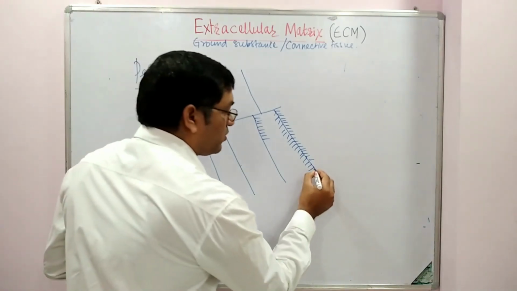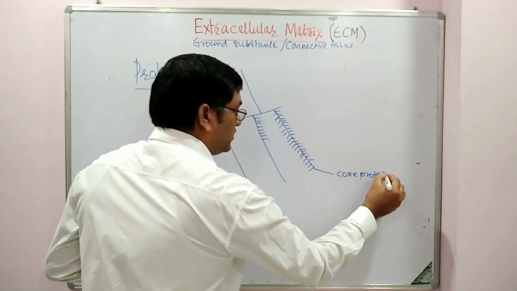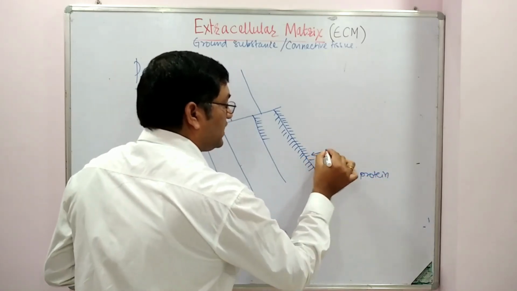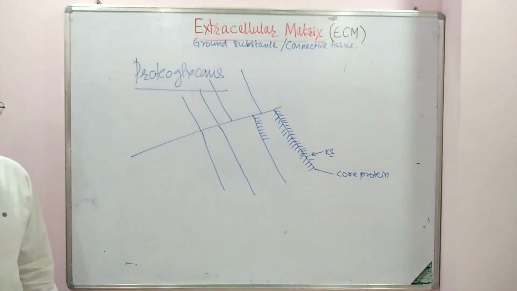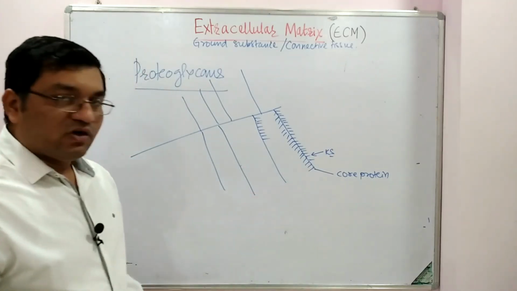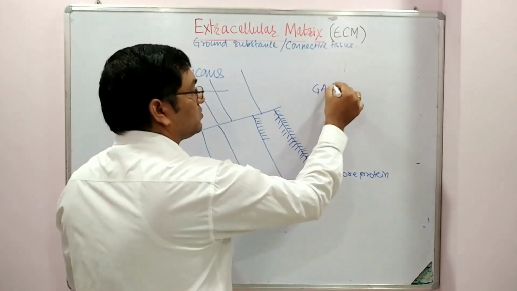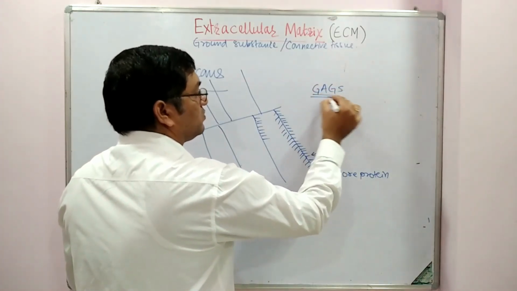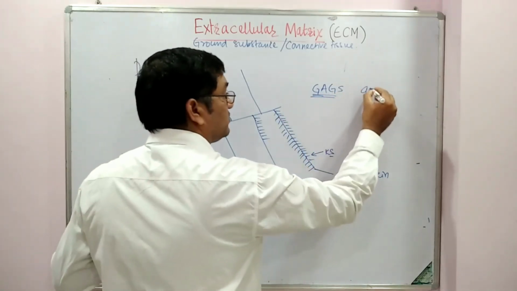This is the core protein, and these are the glycosaminoglycans: keratan sulfate, dermatan sulfate, chondroitin sulfate. Proteoglycans are principally made up of glycosaminoglycans, with a concentration of up to 95%.